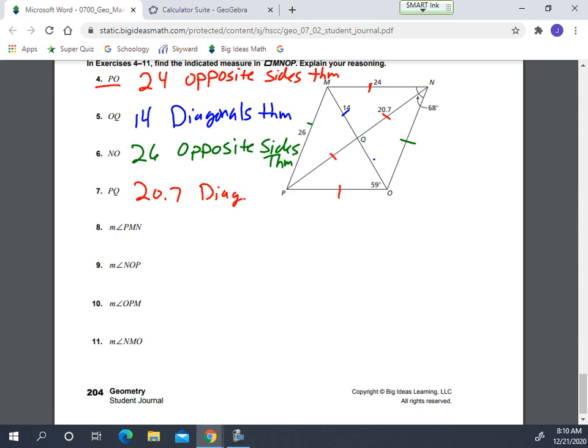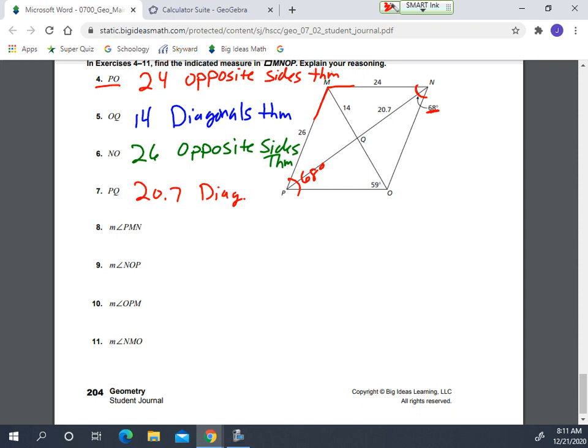How about PMN, the angle of PMN? We start at P, go up, it's this angle here. Well, we have to do some math here. Because angle N is 68. Okay, this is 68 degrees. Which means this is 68 degrees.